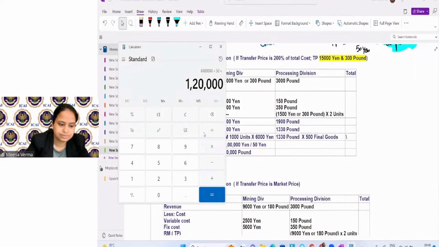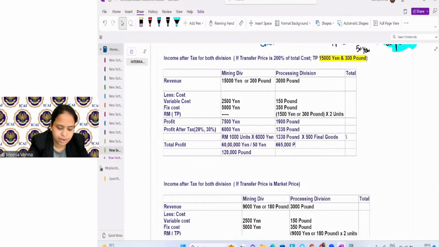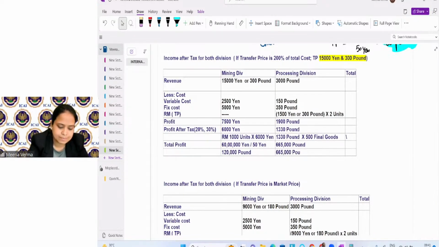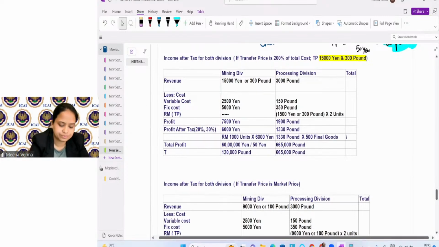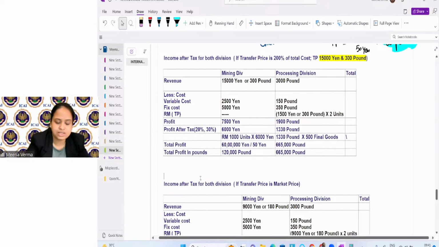You will get 665,000 pound. So this will be your total profit, not revenue. This is the total profit in pounds.